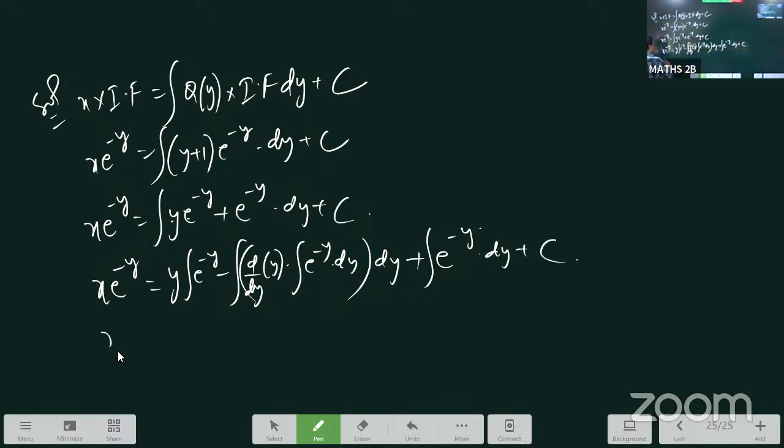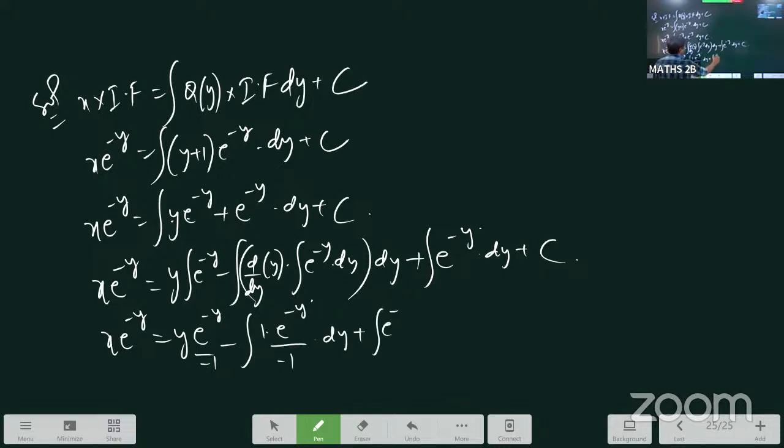Now x e power minus y equals y into e power minus y by minus 1, minus dy of y is 1 and e power minus y is e power minus y by minus 1, still dy, plus e power minus y dy plus c. Now minus y e power minus y, minus into minus plus.